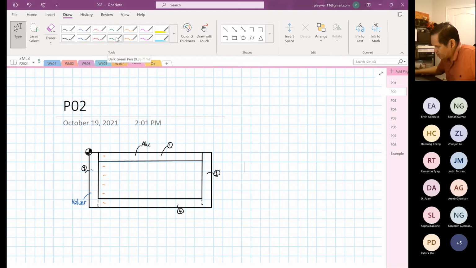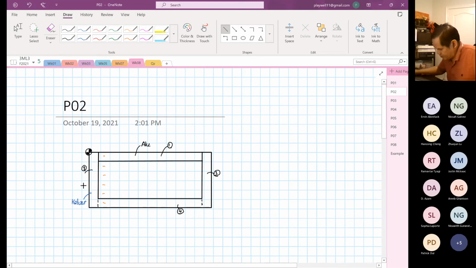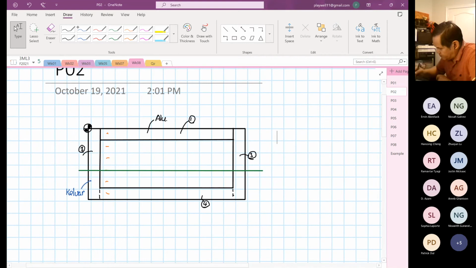No, wait. Okay, so 1, 2, 3, 3.475, 3.475. So our centroid is somewhere around here. Our geometric centroid. So this is our centroid.